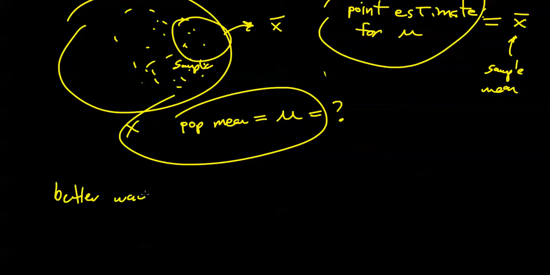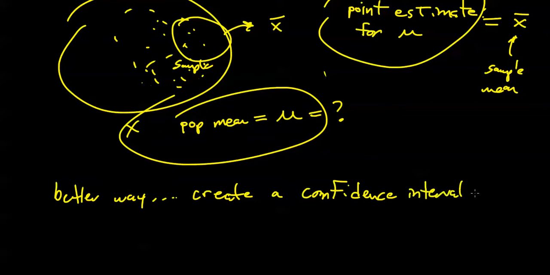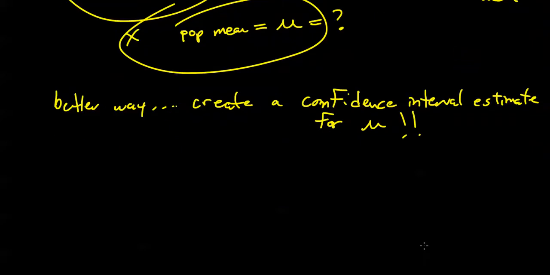And much like we did in section 7.2, we'll create a confidence interval estimate not for p as in 7.2, but for mu. That is our goal today. It'll be constructed in much the same way.